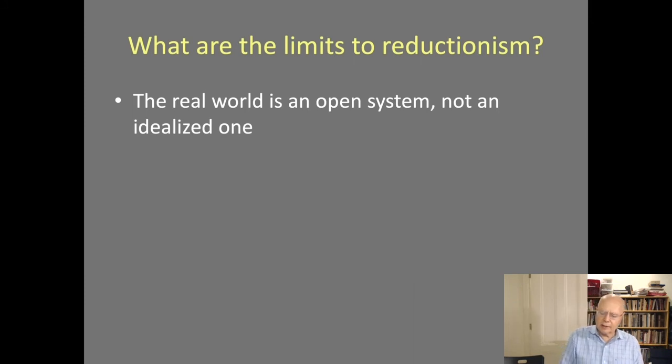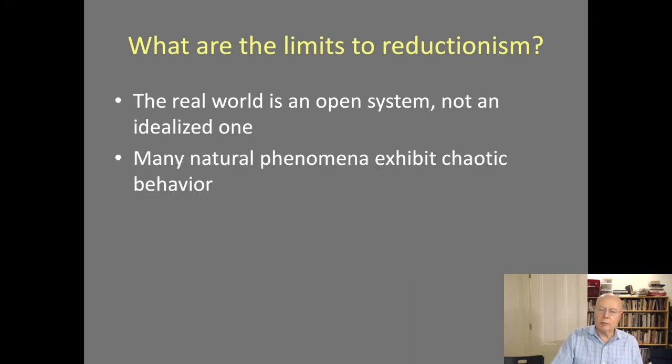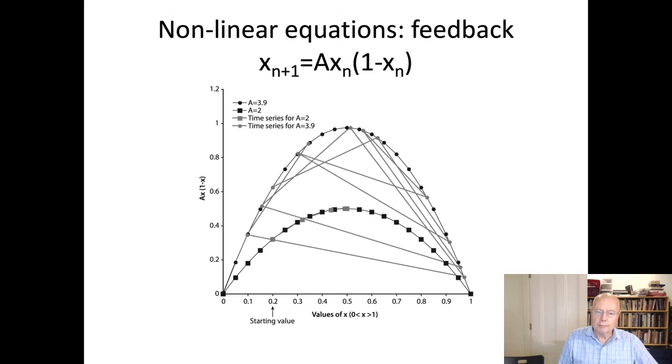The other thing is that sometimes even in completely deterministic systems, many natural phenomena exhibit chaotic behavior. So we can illustrate chaotic behavior by making a simple, deceptively simple feedback equation. So we have this deceptively simple equation where you take a value of x, that's x_n, and you multiply it by a constant a, and you multiply it by 1 minus that value.